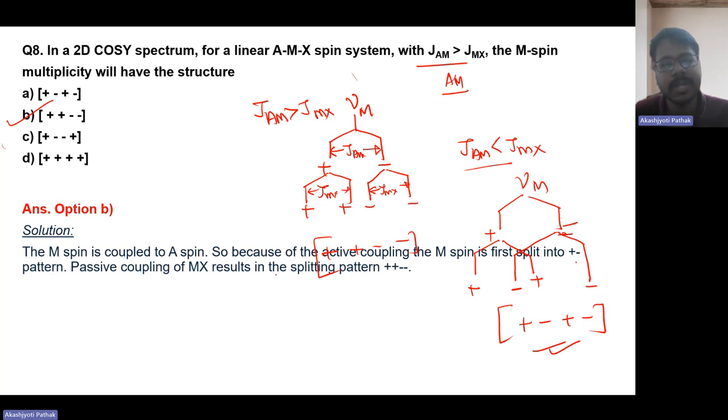Passive coupling of MX results in the splitting pattern plus plus minus minus. This is what I've shown here. I hope this question is clear. So you try to understand these concepts very nicely. They are very important concepts, and they are not very difficult. Once you understand these, you can easily solve such questions.